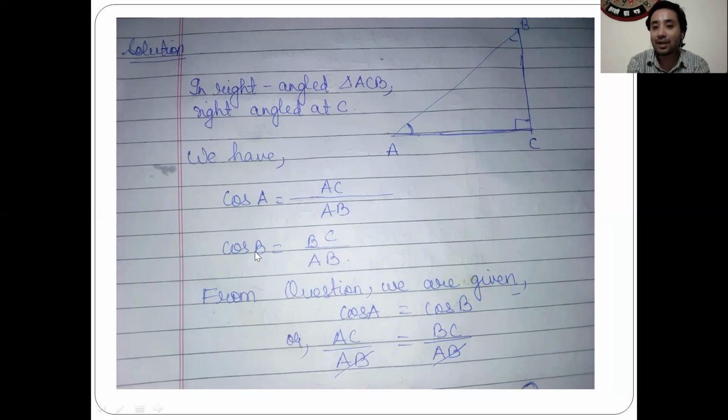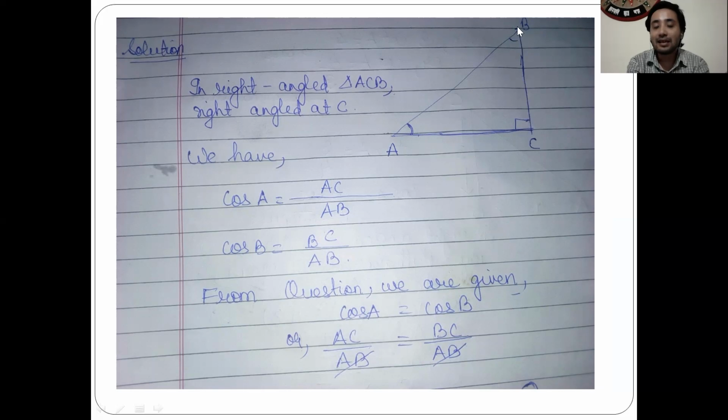Similarly, I have to define cos B. When I define cos B, I will not view from A anymore. From where will I be viewing? From B. So when I view from B, how do I define it? Again, the same thing, base by hypotenuse. But the base this time will not be AC because we are viewing from B. So which will be my base? It will be BC, that means the side from B which touches the foot of the perpendicular.